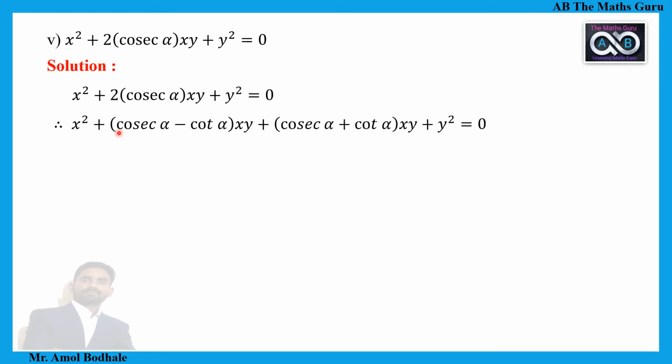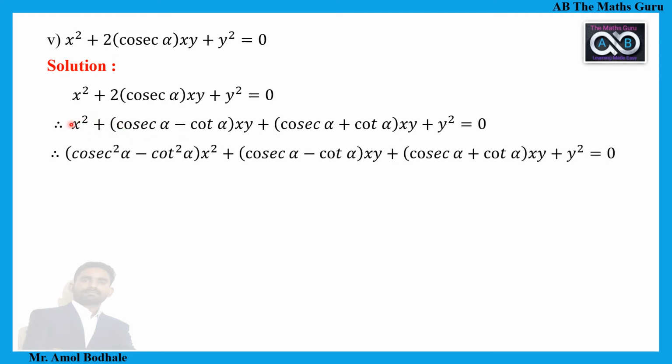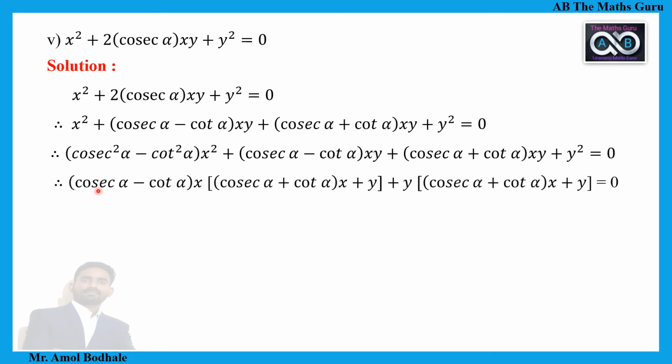So here, to take common, we will express this one as cosec square minus cot square. As we know, cosec square alpha minus cot square alpha is 1 and the remaining terms are as it is. Here cosec square alpha minus cot square alpha can be written as cosec alpha minus cot alpha into cosec alpha plus cot alpha. So we will take cosec alpha minus cot alpha common from the first two terms. We will get cosec alpha minus cot alpha into x in bracket cosec alpha plus cot alpha plus y.